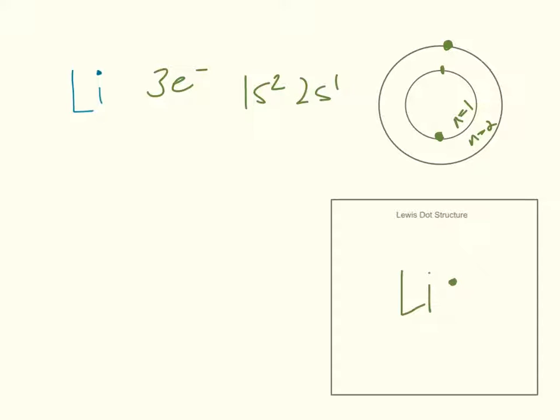Lithium likes to be +1. How many electrons would it have to gain to fill its outer shell?